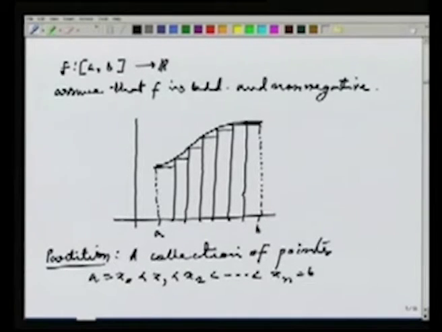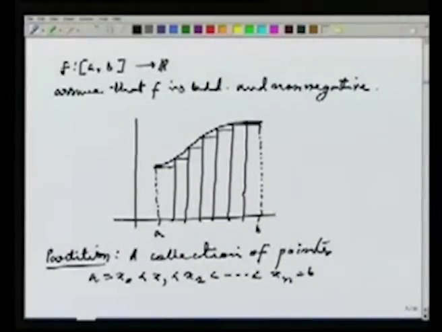You see that I get certain rectangles, but these rectangles are below the function. If I find out the areas of all these rectangles and add them together, what does our intuition say? This added sum of the areas of the rectangles is less than the area of the region below the graph of the function. That is intuitively very clear because the rectangles are inscribed inside.